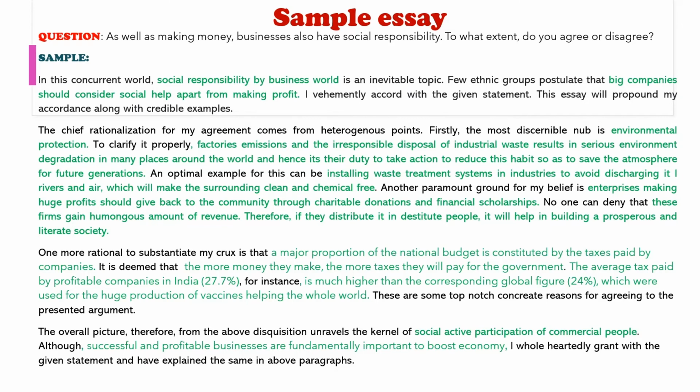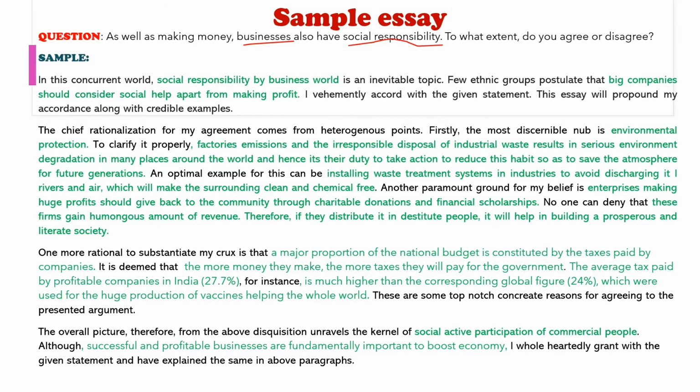So if you see, I have said in this concurrent world, social responsibility by business world. So social responsibility, business social responsibility. So I have added business world, as I have no idea about the synonym, maybe social responsibility. I have added some words to give a variation, as it is very important to paraphrase the question.